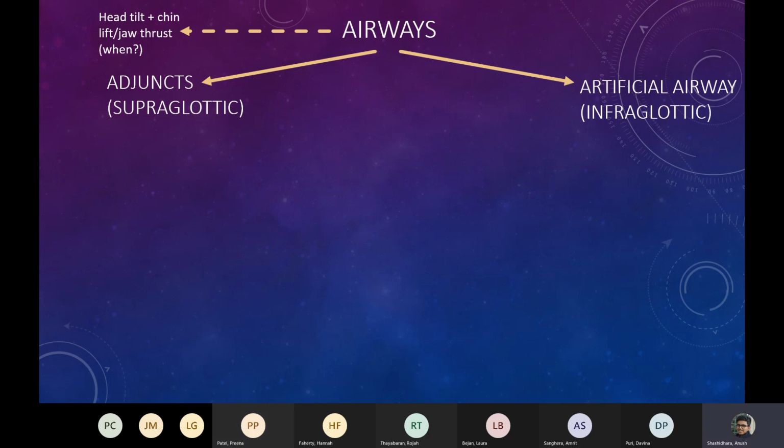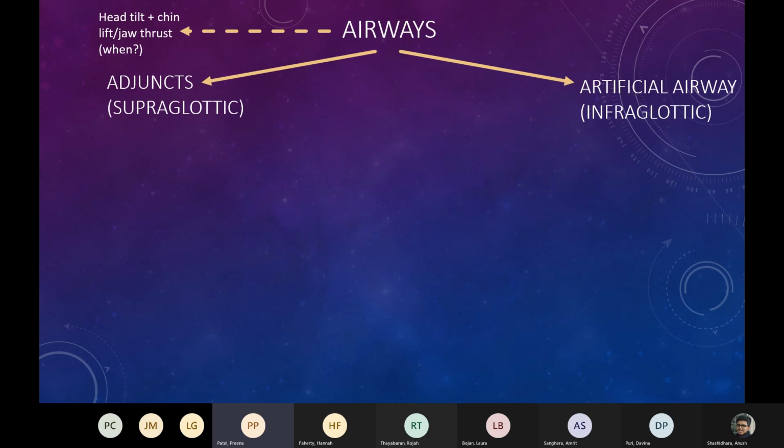Well, categories of airway, I think, would be a better way to describe it. Yeah, perfect. So there's adjuncts which sit above your glottis, and there's an artificial airway which sits below your glottis. And then there's also, on the side, this whole head tilt, chin lift maneuver.